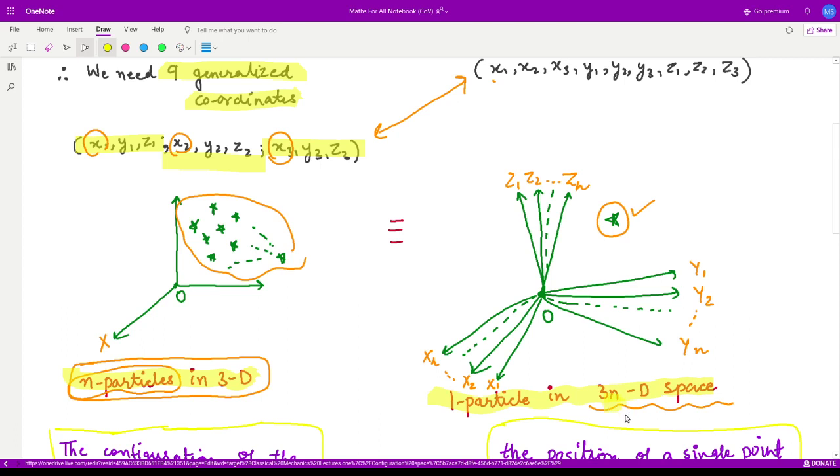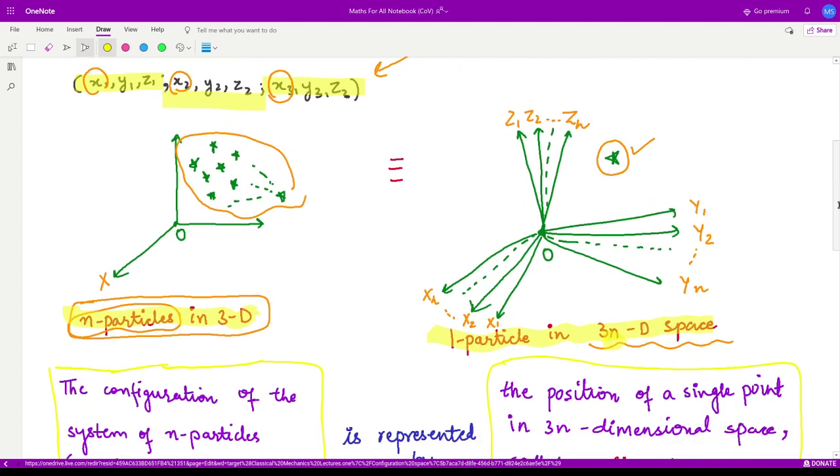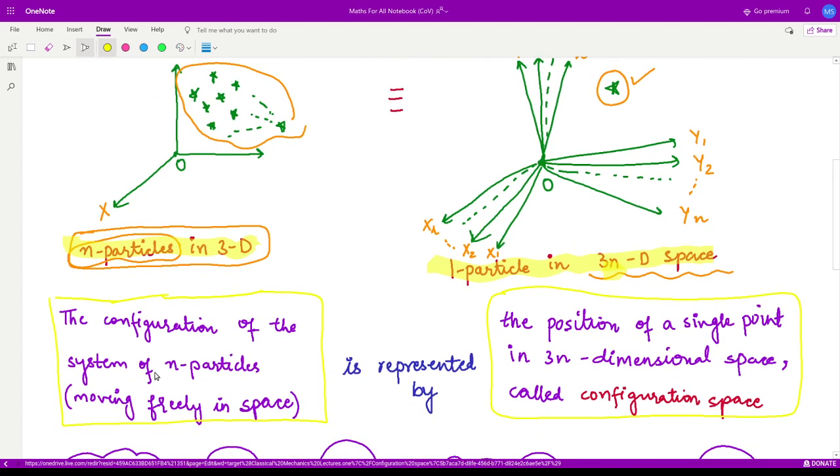This n is due to the number of particles, as in the previous case. So the configuration of the system of n particles which are moving freely in space, that is, they are not interacting with each other at all, is now represented by the position of a single particle in 3n dimensional space, which is known as the configuration space.